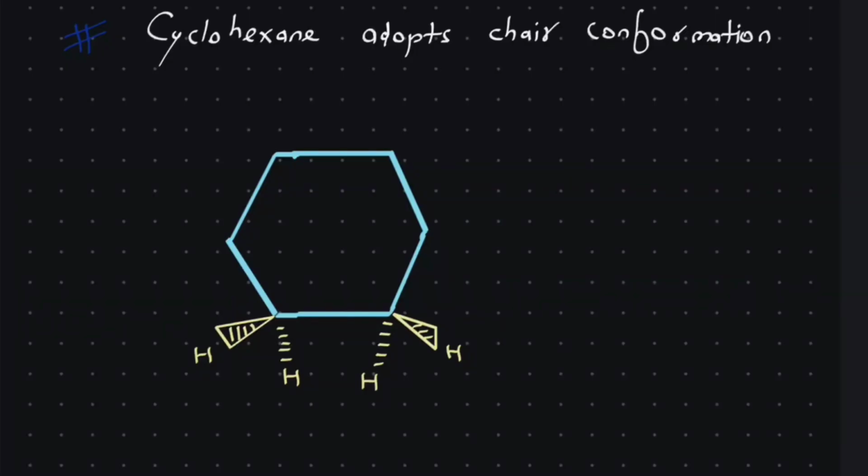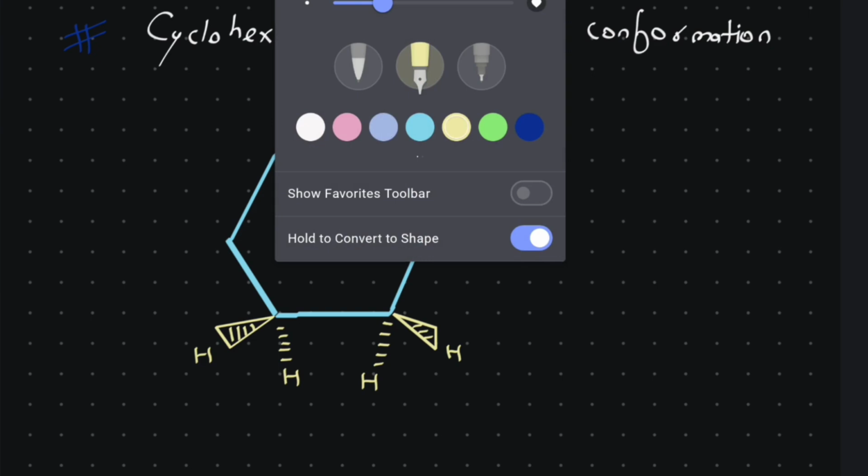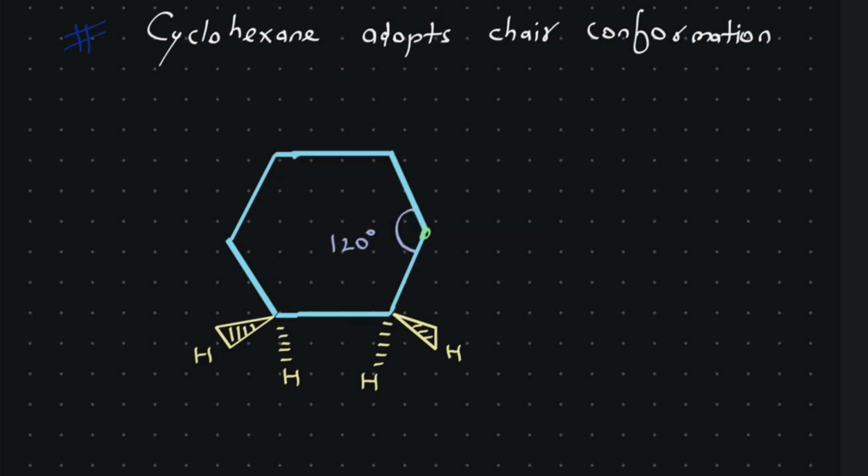If cyclohexane were flat, the bond angle would be 120 degrees. You can see this angle, it will be 120 degrees. But the carbon is sp3 hybridized, which means the angle should be 109.5 degrees.